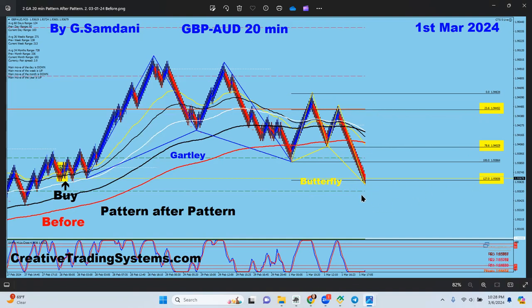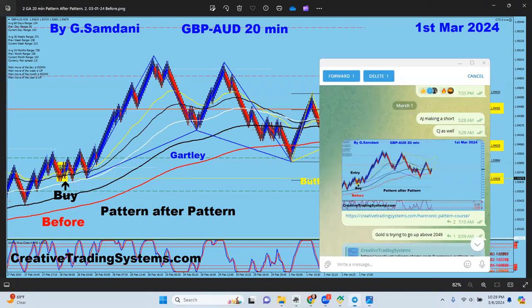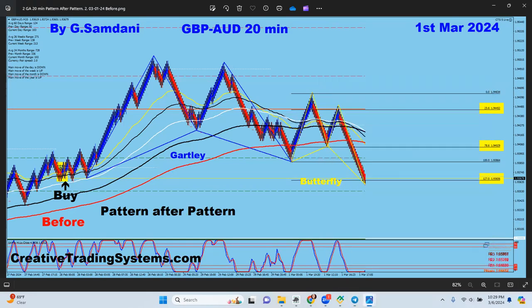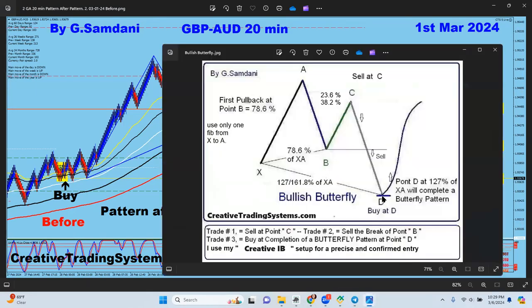So I said, okay, if that is complete here, I posted that on the Telegram as well, right after this. I was expecting a Gartley, but it came down to make a perfect butterfly. That means after the butterfly pattern we're supposed to have a bullish move like this.